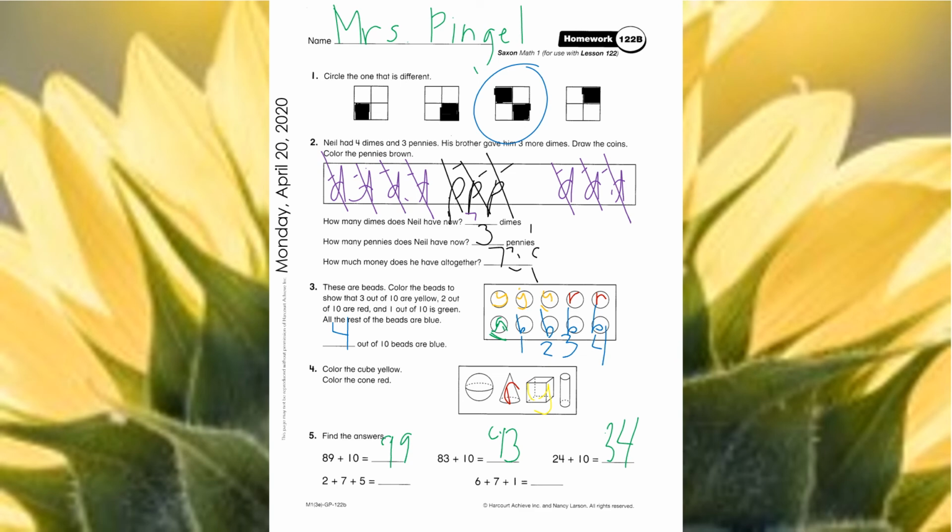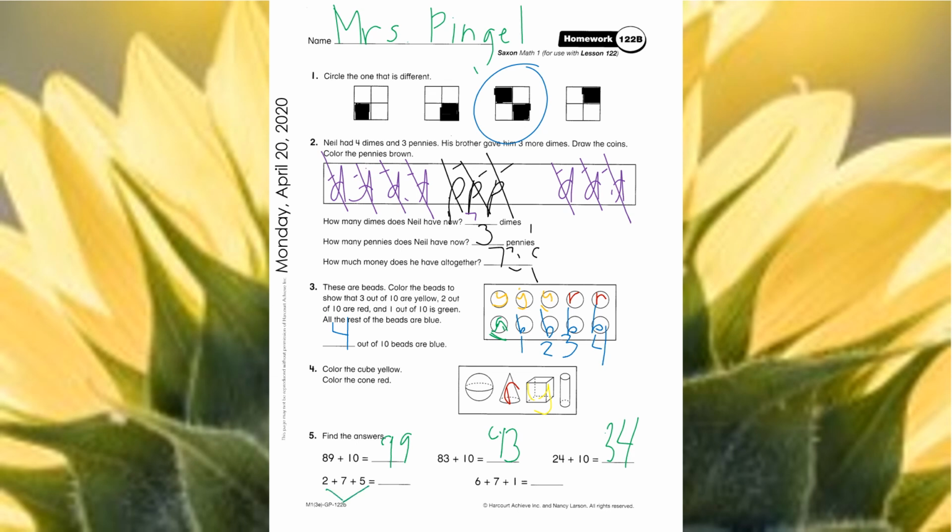And Miss Pingel will complete the worksheet with you by doing 3-digit equations. 2 plus 7 plus 5. Now first I'm going to look for a fact that I know immediately. And I'm really good at plus 2s, so I'm going to do 2 and 5.